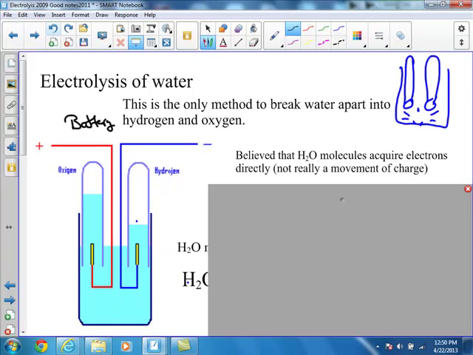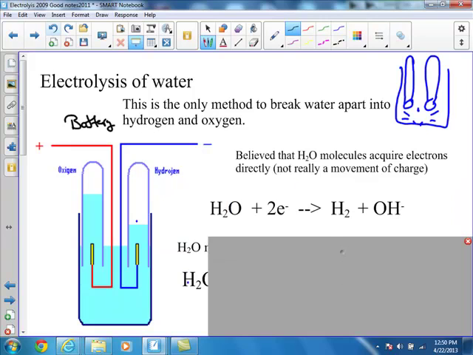So it looks like this is the equation. What happens is the water will gain electrons directly and become hydrogen gas. So at this negative terminal right here, the water is picking up electrons directly, and so we're filling this with H2 gas.